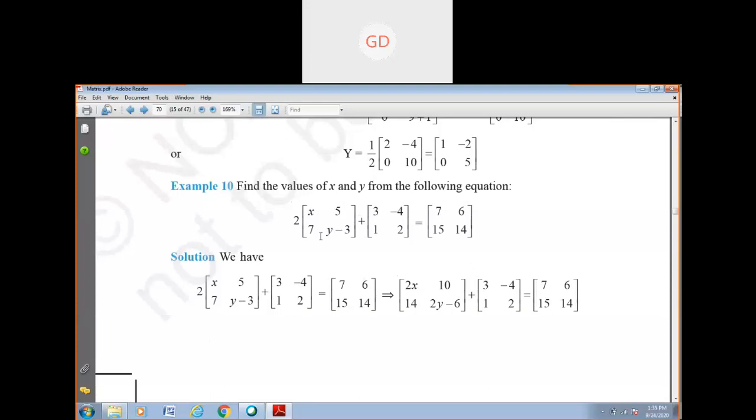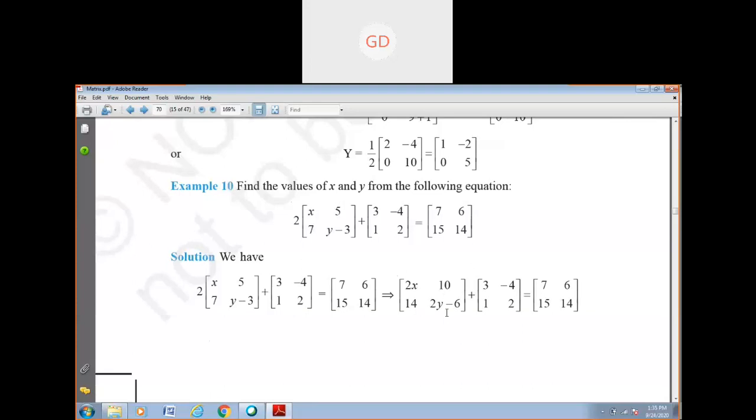So first, multiplying by 2 is scalar multiplication, and the second one is a simple matrix, we can add them. So if we multiply by 2, considering scalar multiplication, we have twice x, 10, 14, twice y minus 6, and plus this matrix 3, minus 4, 1, 2 remains as it is, just simple addition.